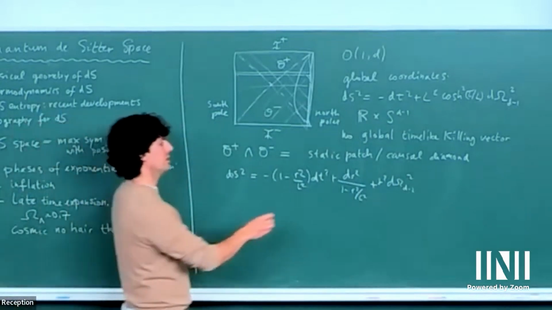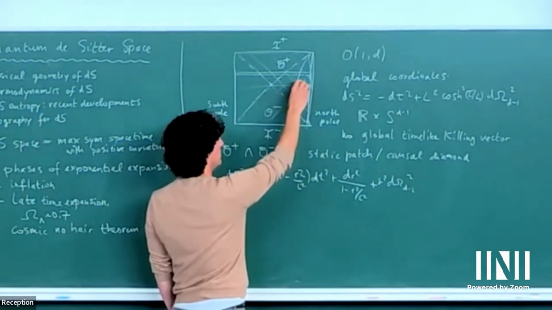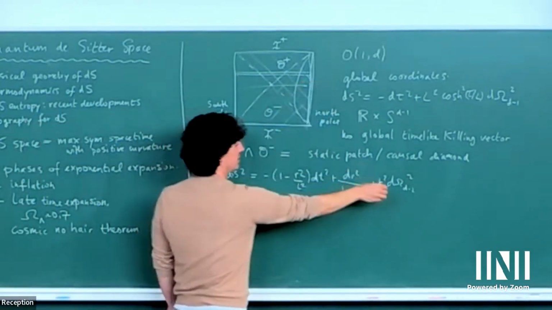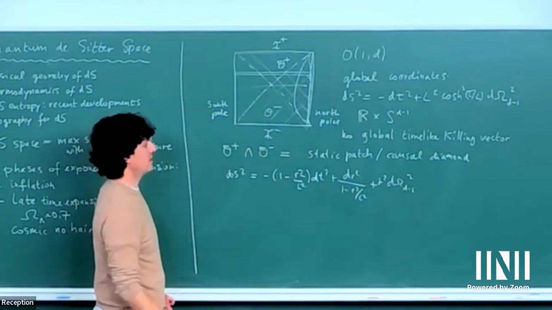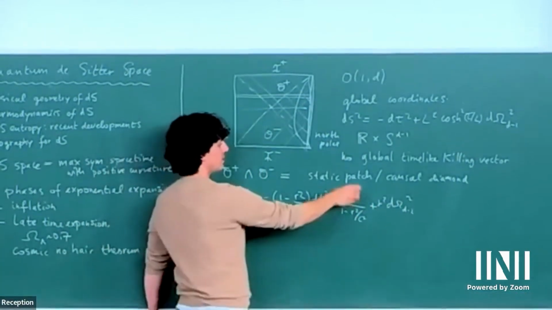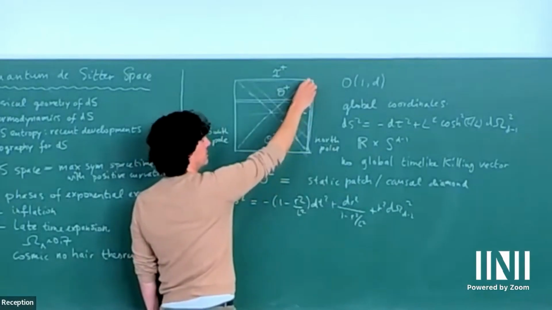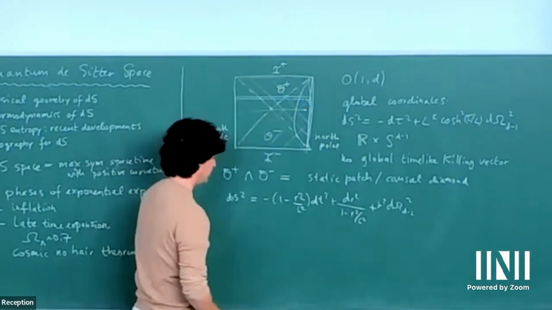So at each point there is d minus 2 here, and the constant here.